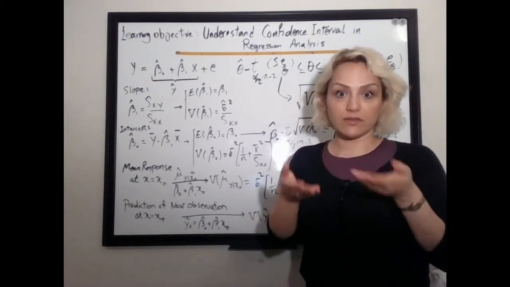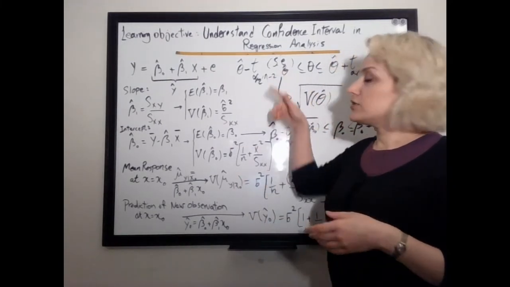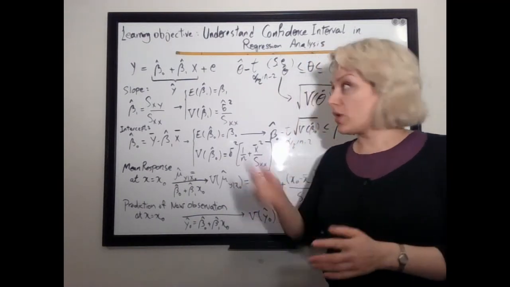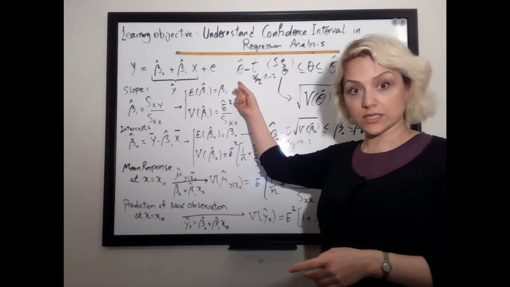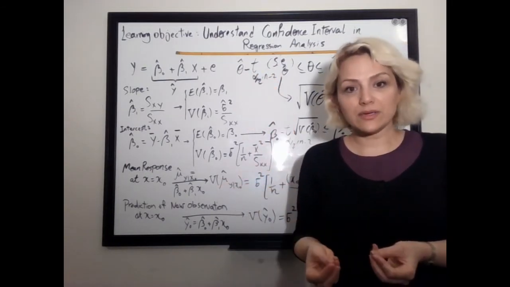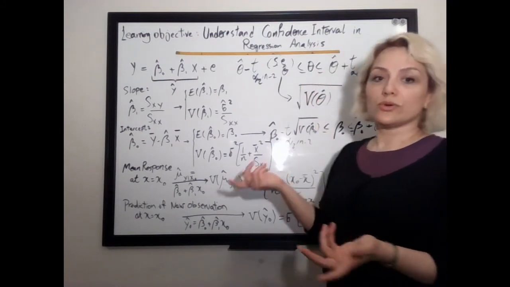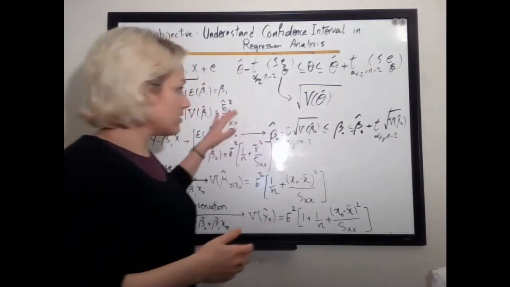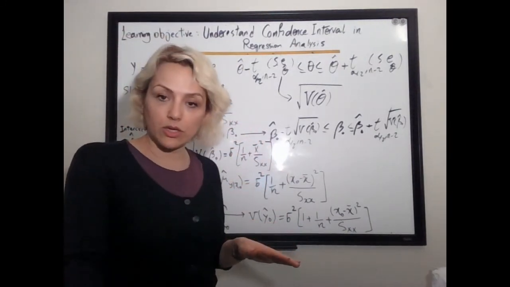Like the deviation that we would have from the mean. So you would say, okay, I have my variance. I'm going to get the square root of it to have the same unit as this theta. Multiply it by something to make it a little bigger. And then you would add it to or subtract it from your estimate. That's all. So for any of these, the methodology is the same.